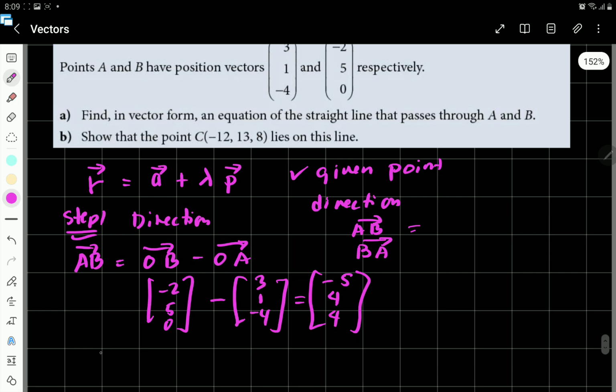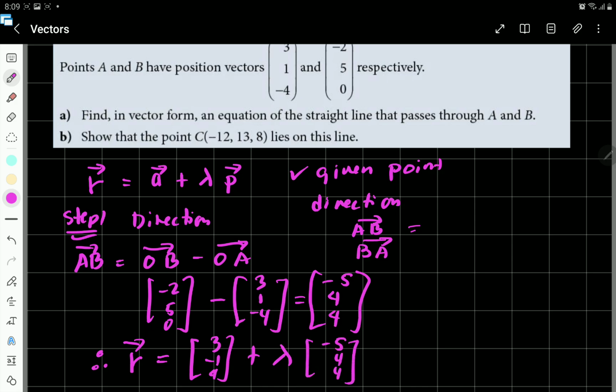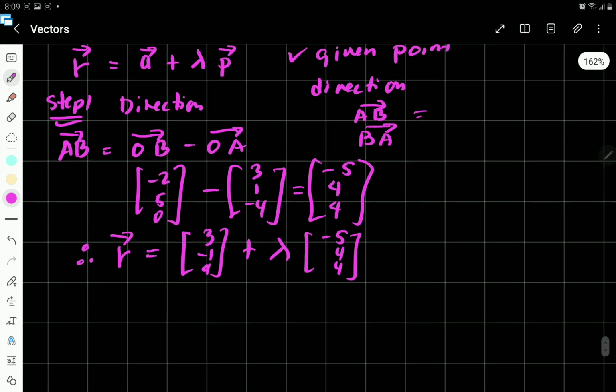And done. Therefore, the vector equation is r. You can use any point, let's say A: 3, negative 1, 4, plus some number lambda times the direction negative 5, 4, 4. So basically that's the answer.